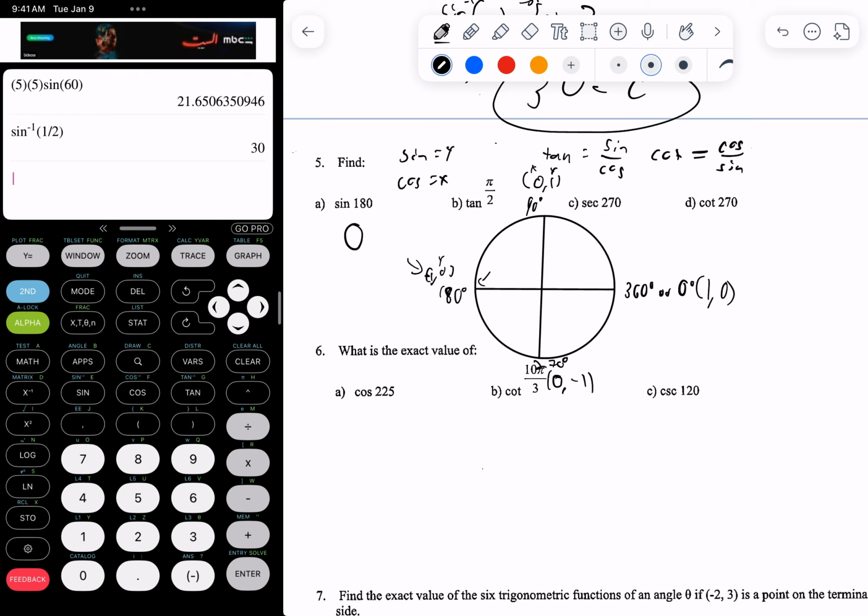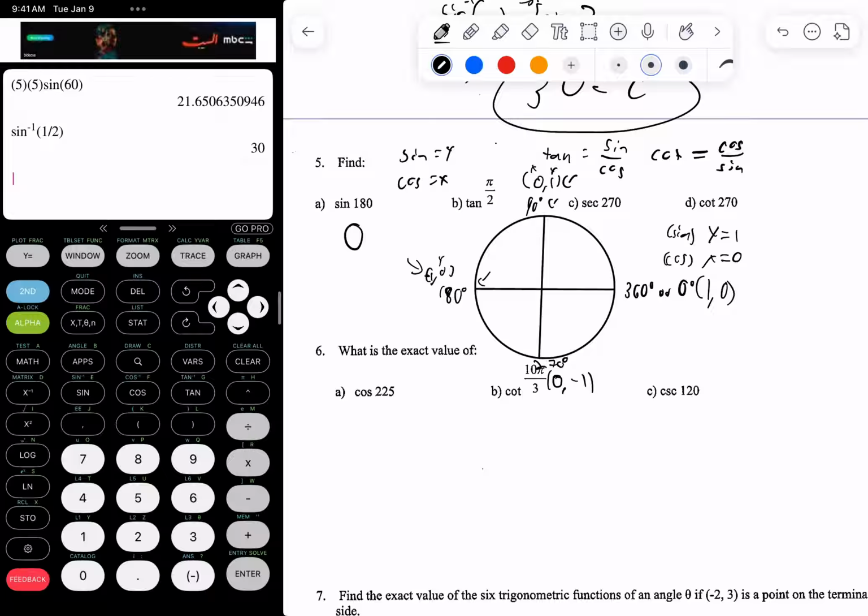So pi over 2 is 90 because 180 over 2 is 90, which would be over here. And tangent is sine over cosine. Since y equals 1 over here, the sine is 1. The cosine is the x, where x equals 0.